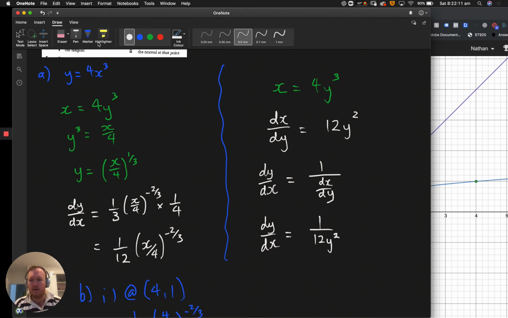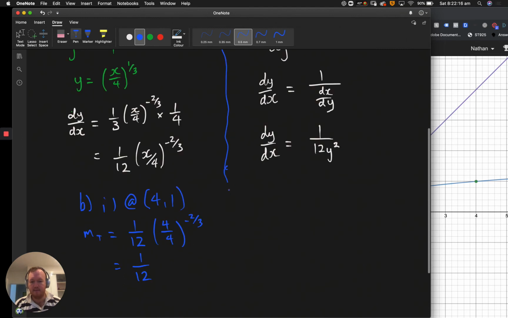Okay, so now jumping to doing part B for this one. We're at the point 4, 1, but to find the gradient of the tangent here, we're subbing into this expression.